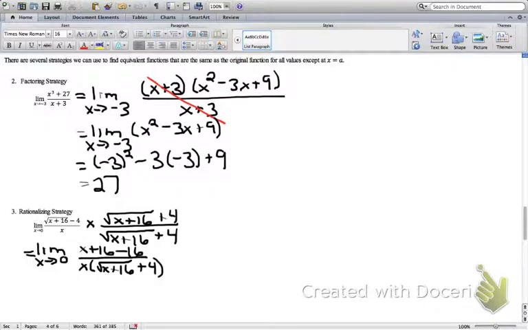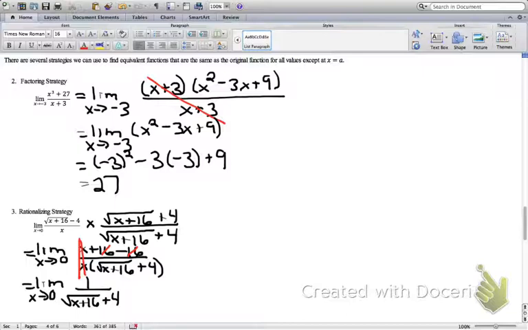Notice here that we can actually cancel out those 16's because 16 minus 16 is 0. So we would just be left with x in our numerator position, and therefore our x's are going to cancel out. So what we'll be left with is just the limit of 1 over the square root of x plus 16 plus 4 as x approaches 0.